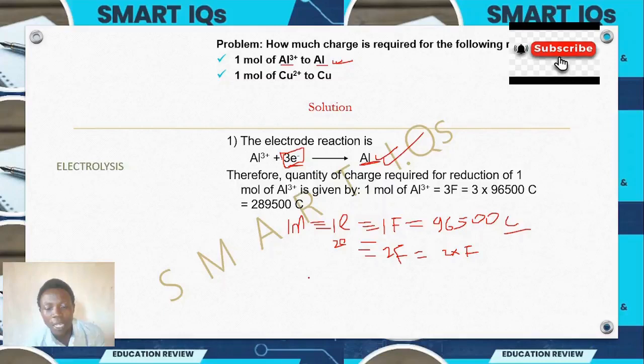So we have 3 electrons. So that means 3 electrons is equal to 3F, 3 Faraday. Remember? Good. And 3 Faraday will be equal to 3 times what? 96,500.